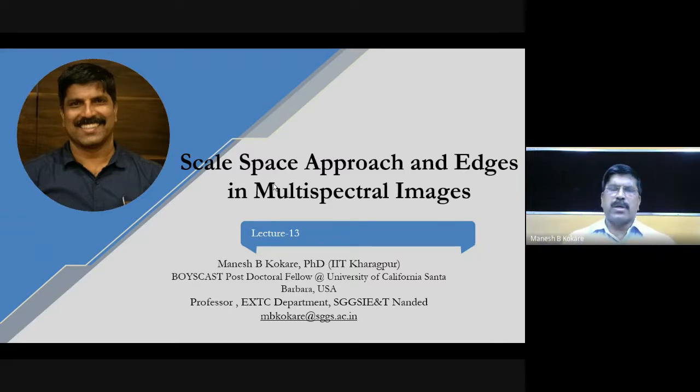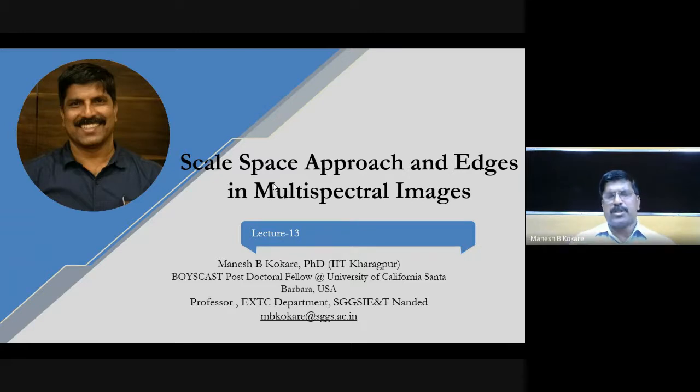Yesterday we talked about the scale space approach, and why multiple scale representation is important in images, and what the different approaches are, for example the wavelet based approach, which is one of the techniques for multiple scale representation of the image.